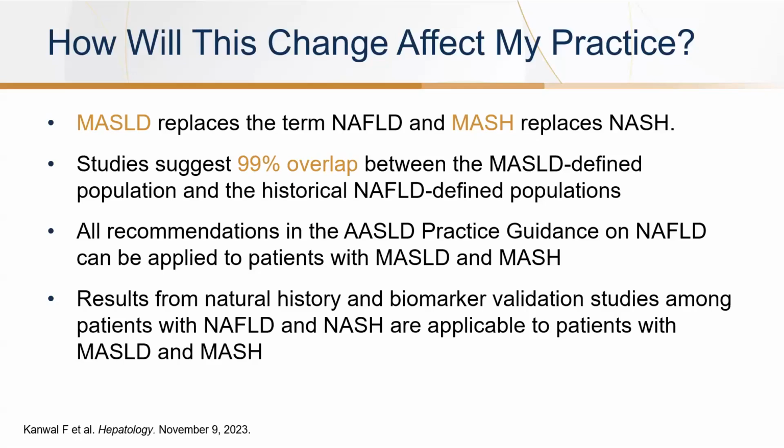You use the word alcoholic and people didn't understand that we were saying they weren't drinking. So all of the recommendations presented by the AASLD practice guidelines on NAFLD can be applied to patients with MASLD and MASH. And results from natural history and biomarker validation studies among patients with NAFLD and NASH are applicable to the patients with MASLD and MASH.